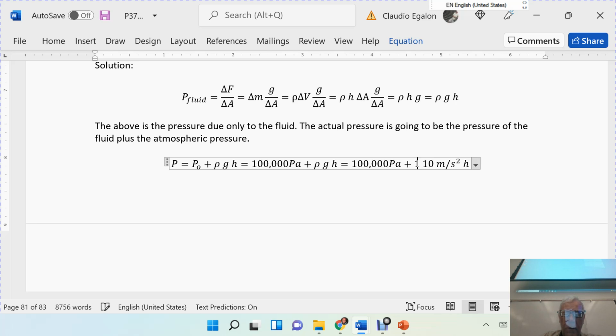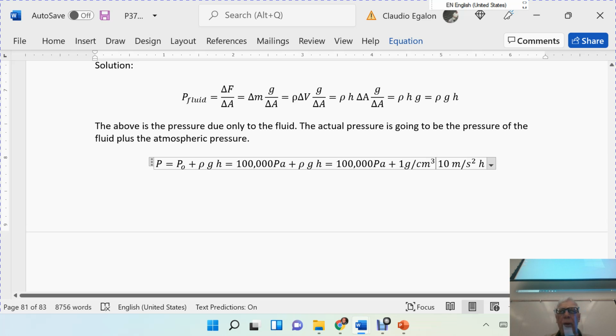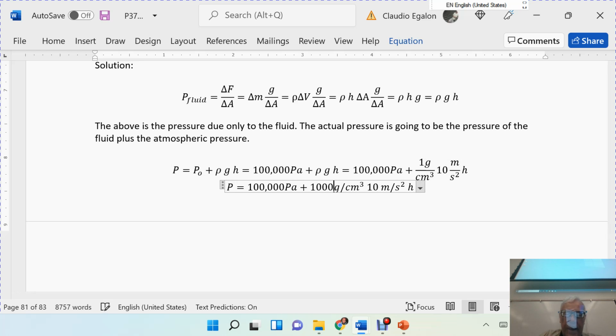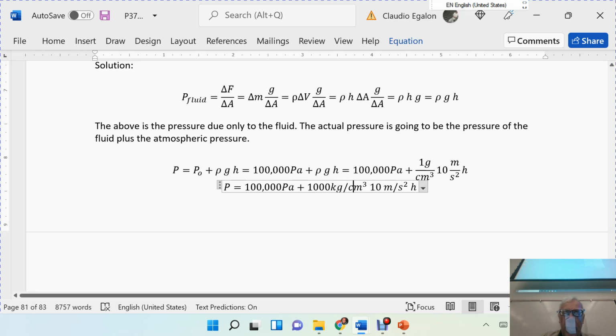The density of water is 1 gram per cubic centimeter, or 1,000 kilograms per cubic meter.